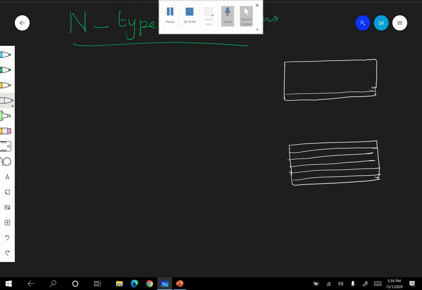See what is the difference between the intrinsic and the extrinsic semiconductor energy band diagram.